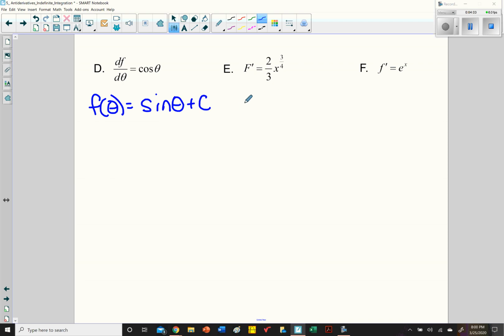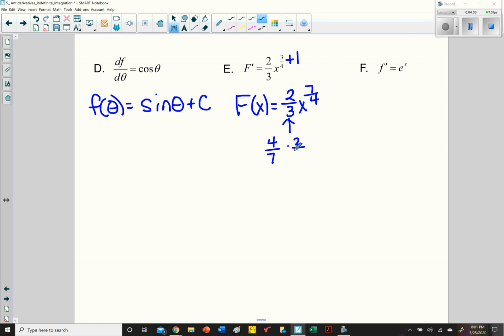And here we can practice the chain rule. So capital F is, we're going to add 1 to the 3/4. So we have 2/3. We're adding 1 to 3/4. That's 7/4. And we need to kill off that power of 7/4 by multiplying this 2/3 by 4 over 7, or dividing by 7/4.